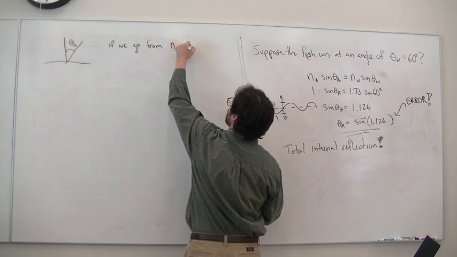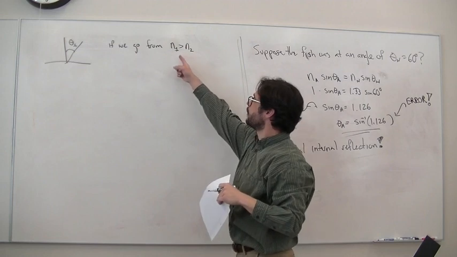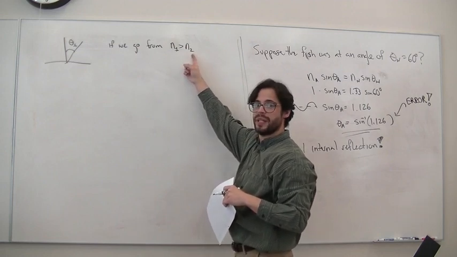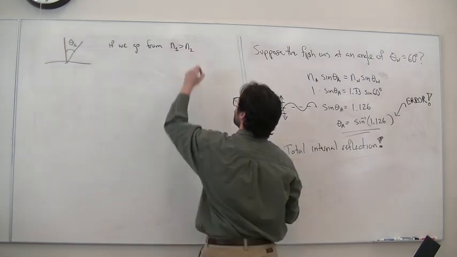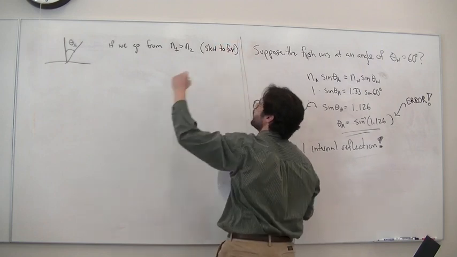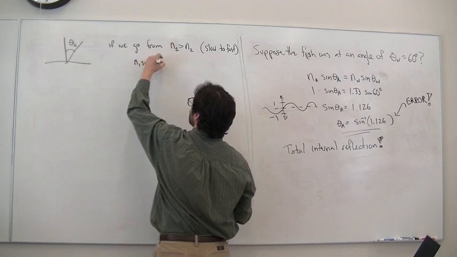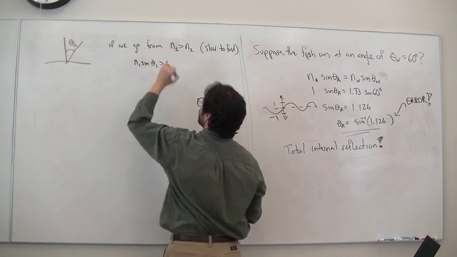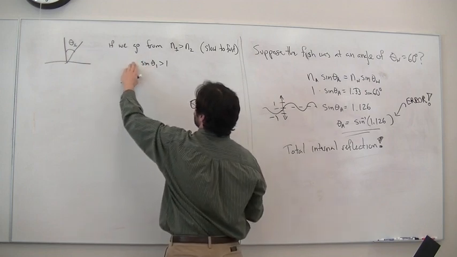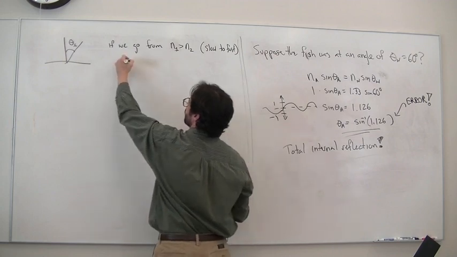If n1 is greater than n2, which is to say we're going from an optically slow to an optically fast medium, so going from slow to fast, then the possibility exists that n1 sine theta 1 can actually be greater than 1, right? Or, just sine theta 1 can, that's an awkward way of writing it.